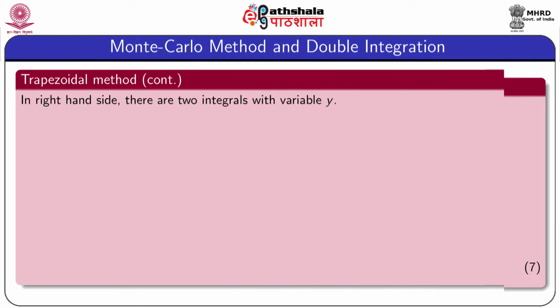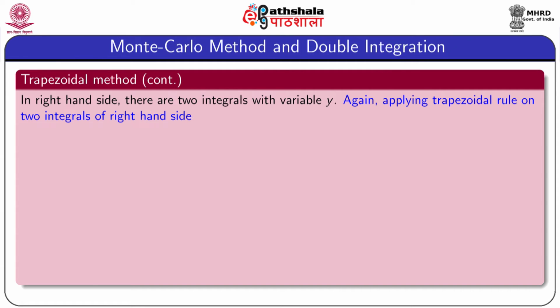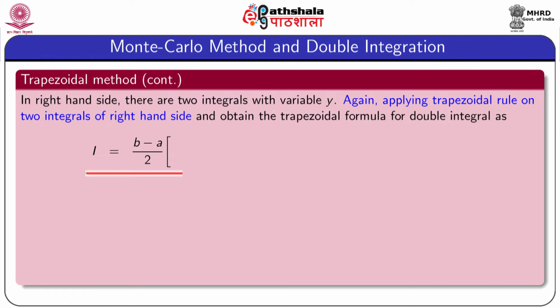Now again we apply the trapezoidal method to the right hand side, and there are two integrals with variable y. Again applying the trapezoidal method on these two integrals of the right hand side of the previous equation, we get I equal to b minus a by 2, and this is the value of the first integral obtained by trapezoidal method.